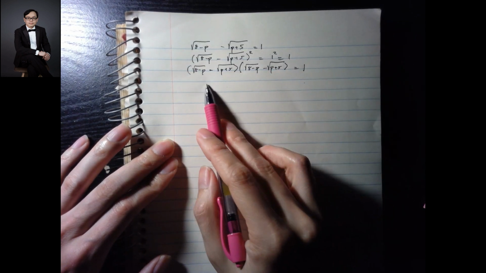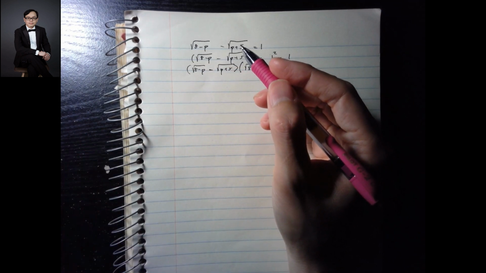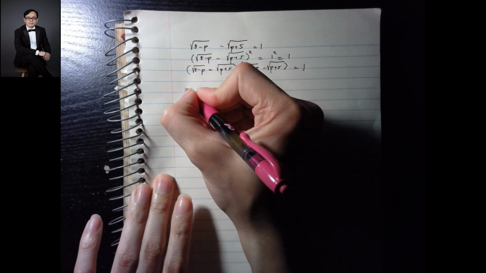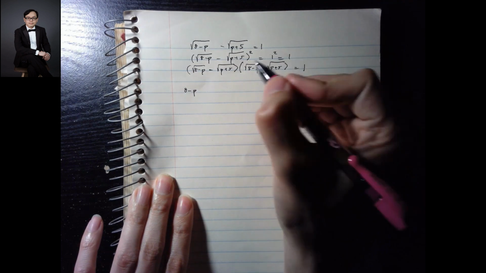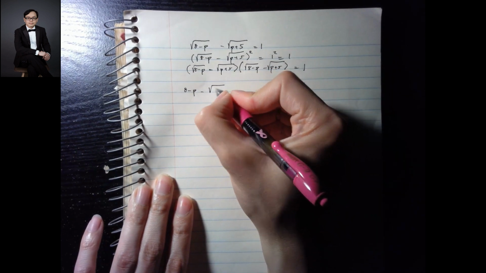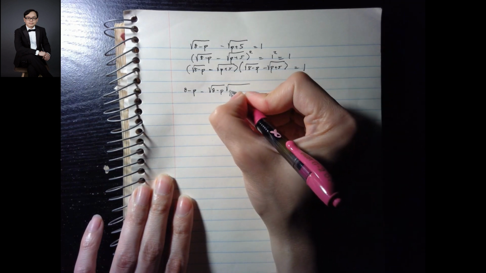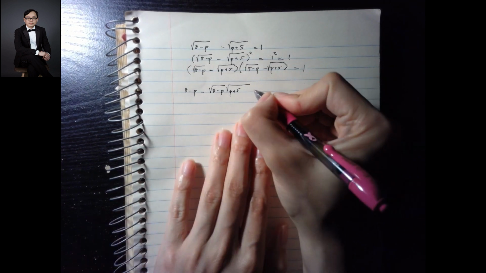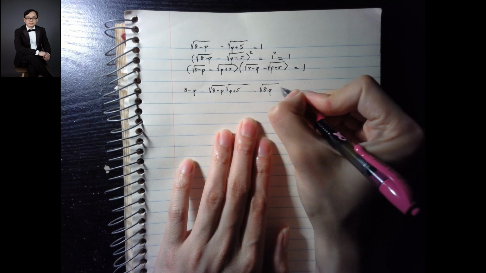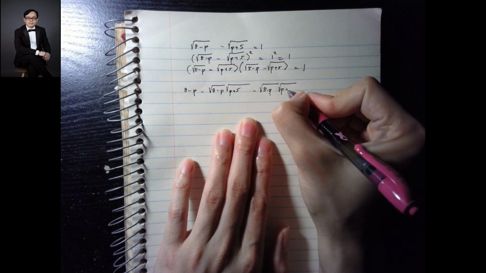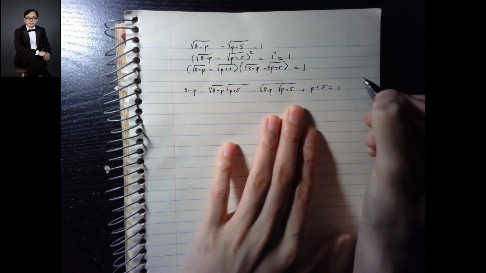Then I'm going to start distributing it. So it gives you 8 minus p, minus the square root of 8 minus p times the square root of p plus 5, minus the square root of 8 minus p times the square root of p plus 5, plus p plus 5 equals 1.